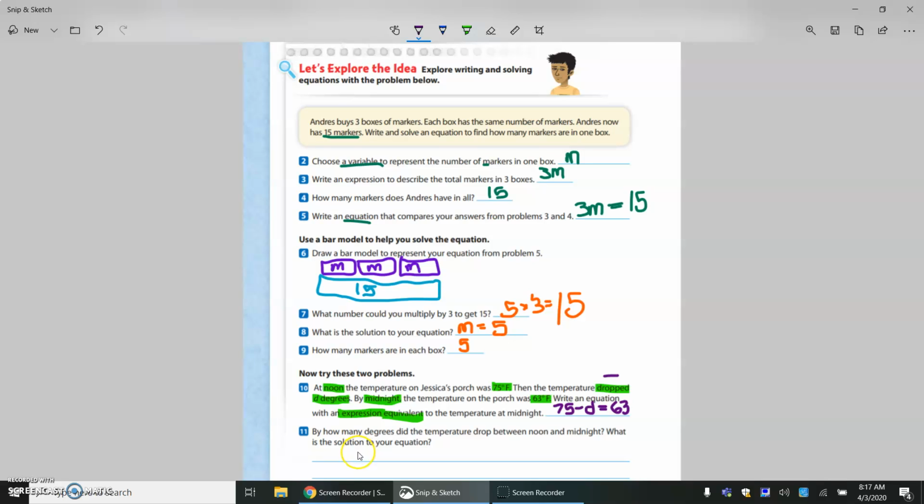So, what is 75? I'm not going to do it on that line. It's too little of a space. Let's do 75 over here. Minus 63. And we'll get what D is.